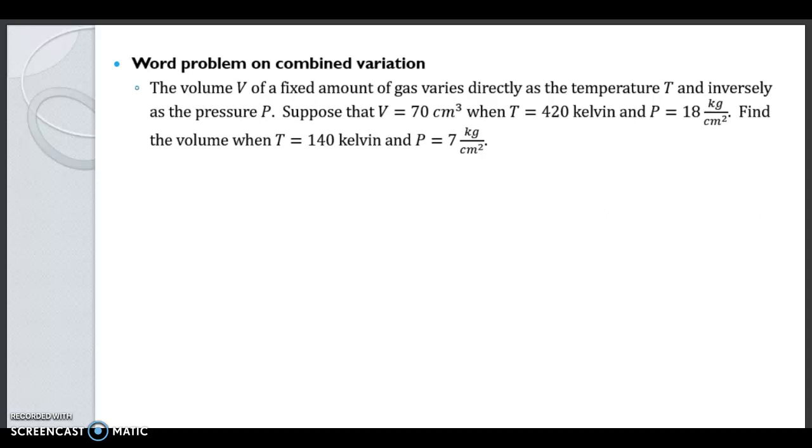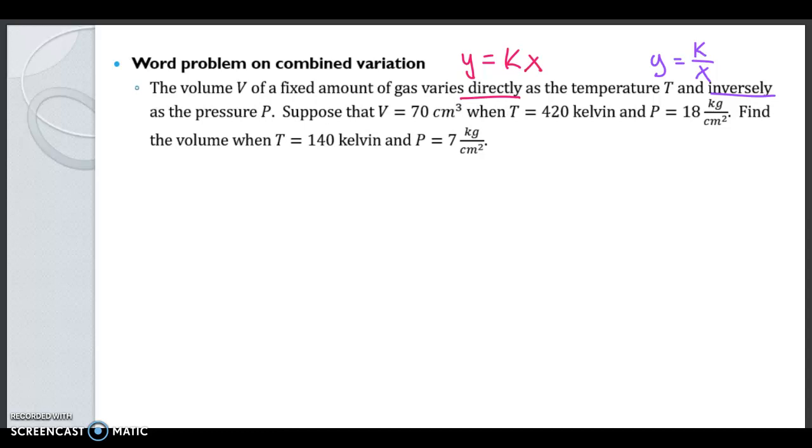The volume V of a fixed amount of gas varies directly as the temperature T, and it varies inversely as the pressure P. So remember, inversely is y equals k over x, and directly is y equals kx.